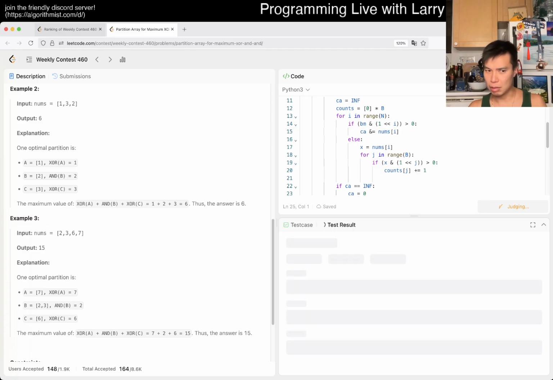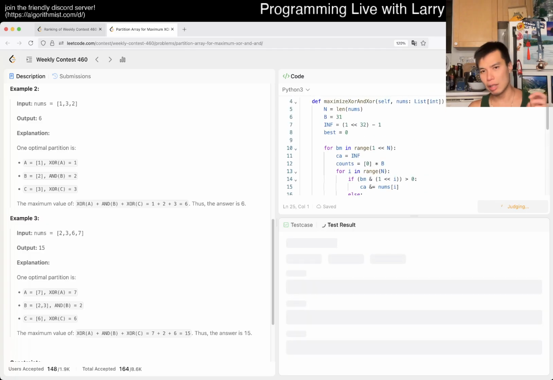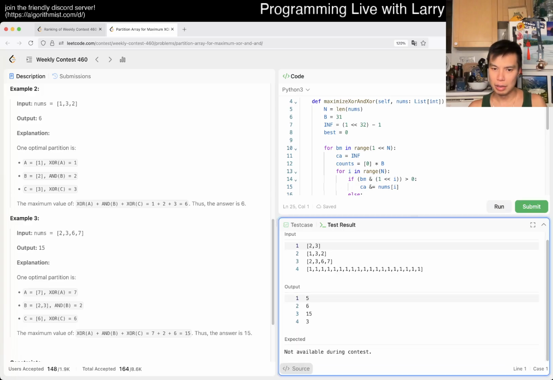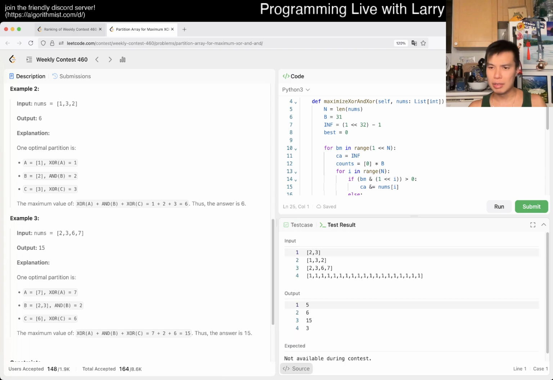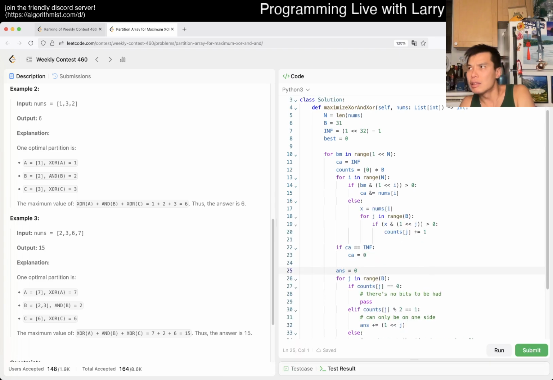Still slow, but we'll see if it's actually good first. 8.3 seconds. That's actually really slow. Why is that? Even n squared 2 to the n isn't that slow, but 30 times n times 2 to the n, I mean, it's just slightly slower.